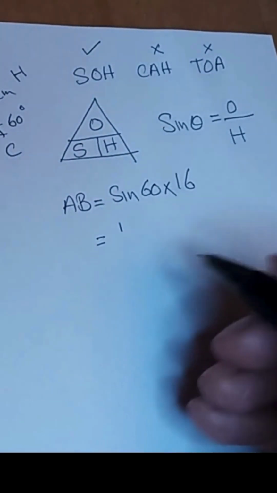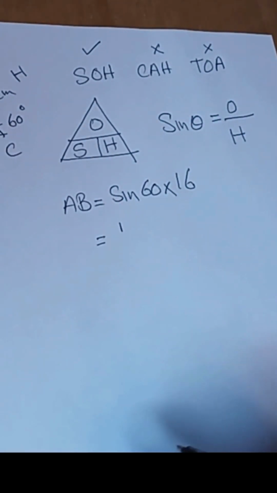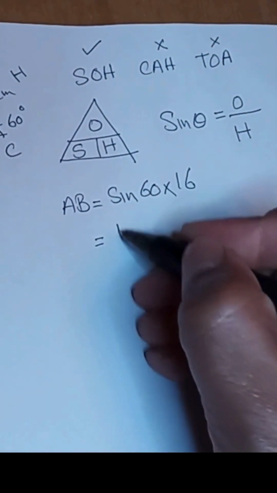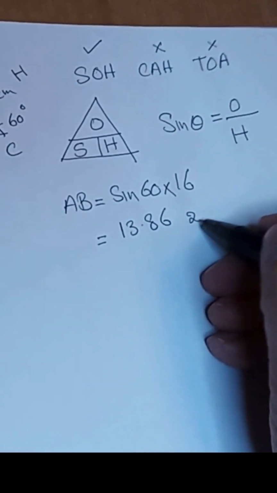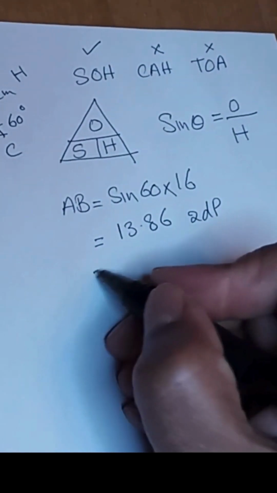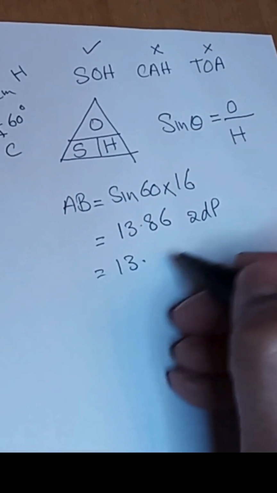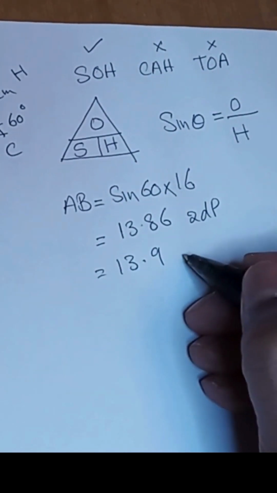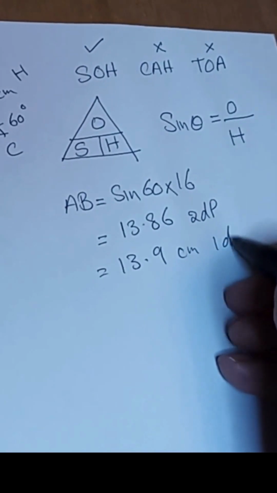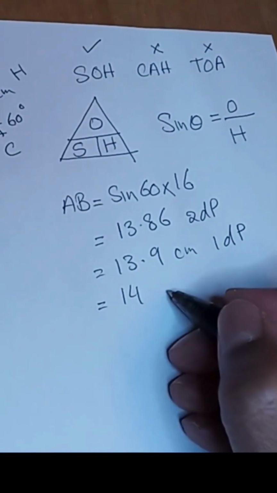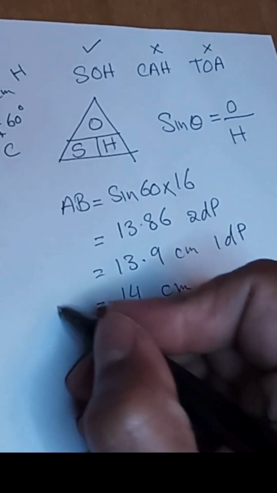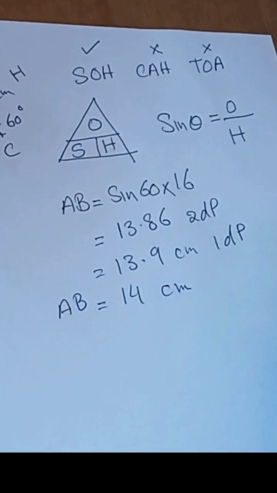If you put sine 60 times 16 in the calculator, you will get 13.86 to 2 dp. Let's write it as 1 dp, so that becomes 13.9 centimeters to 1 decimal place. For the nearest whole number, that will be 14 centimeters. So AB is equal to 14 centimeters.